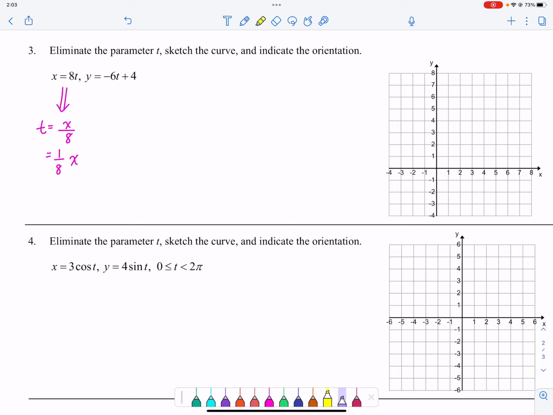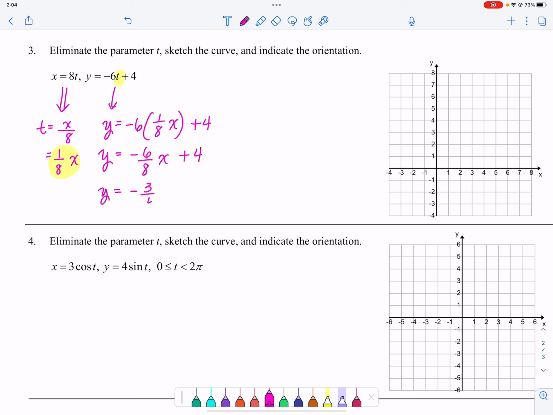So now we will have 1/8 x substituted in for t. So now we have y is equal to -6 times 1/8 x plus 4. And that's equal to -6 over 8 times x plus 4. And we end up with y equals -3/4 x plus 4.